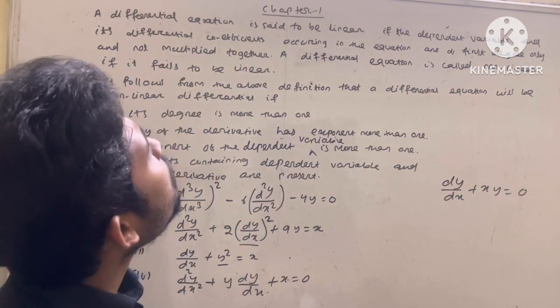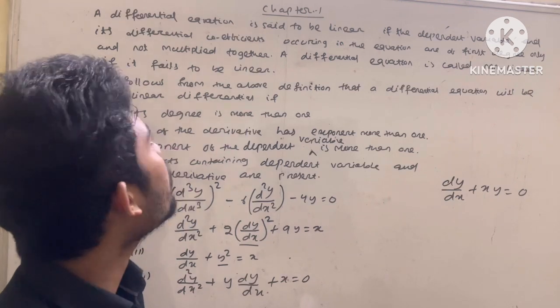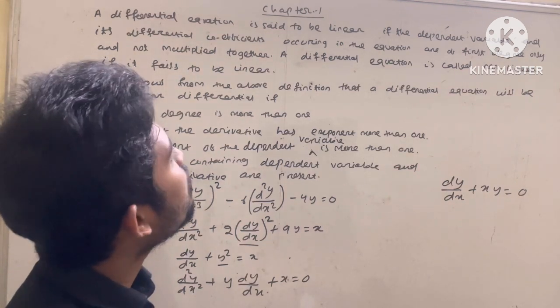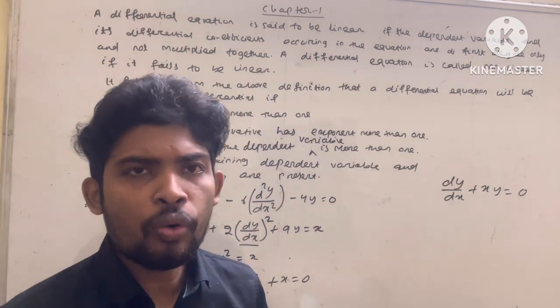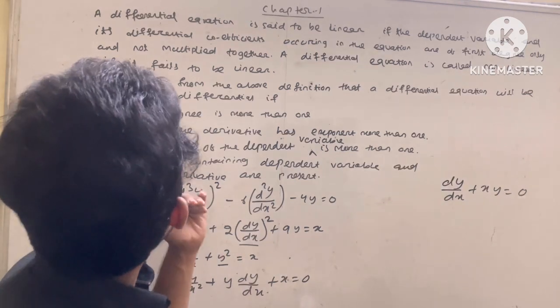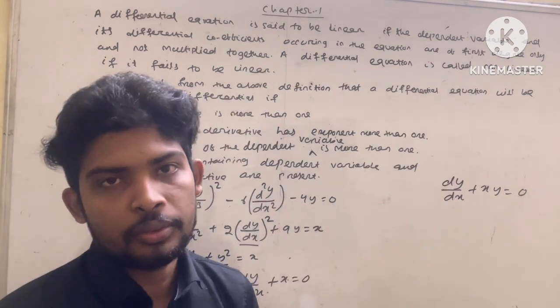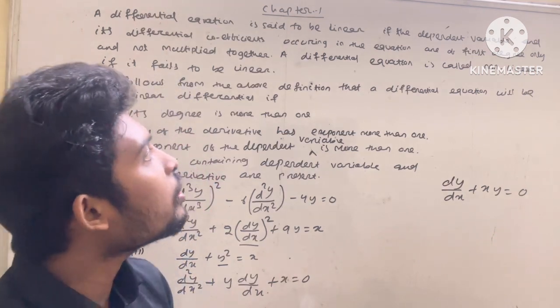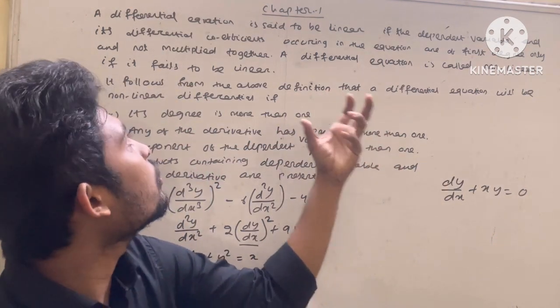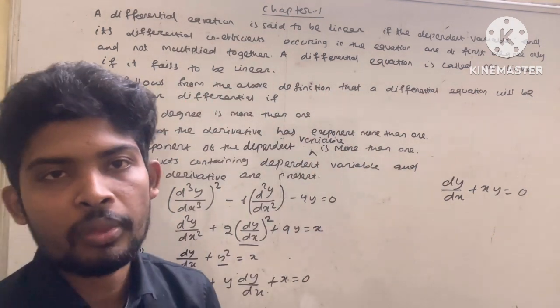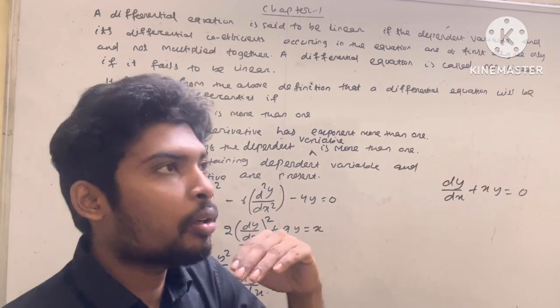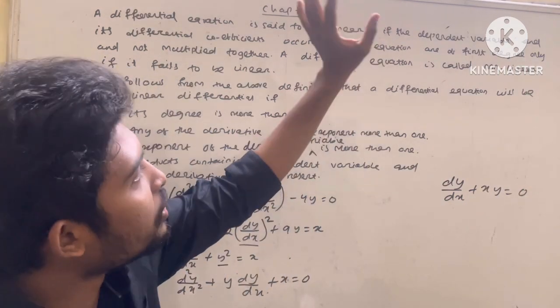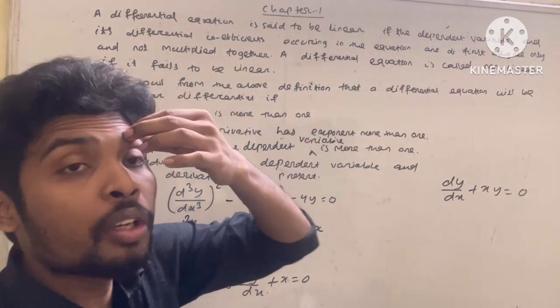A differential equation is said to be linear if the dependent variable and its differential coefficients occurring in the equation are of first degree only and are not multiplied together. Then it is called a linear differential equation. A differential equation is called non-linear if it fails to be linear.